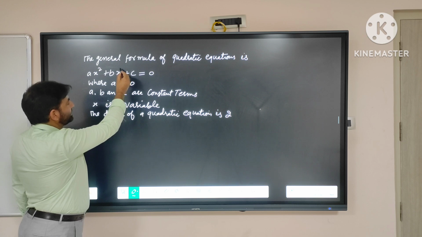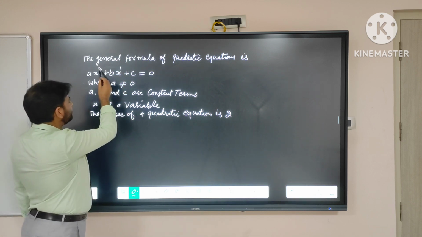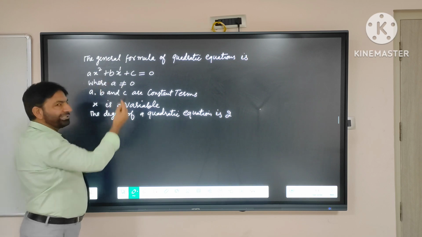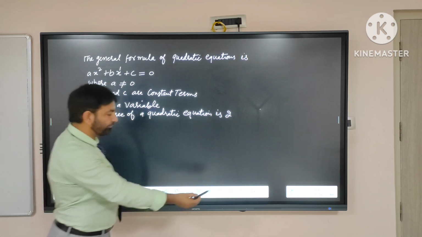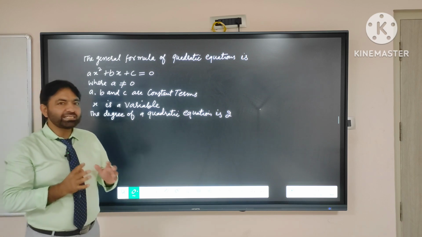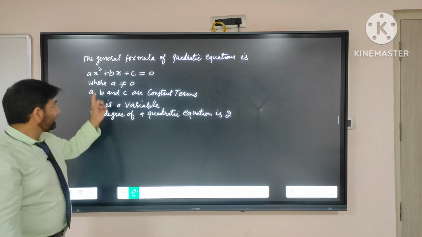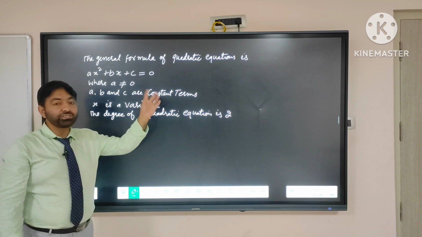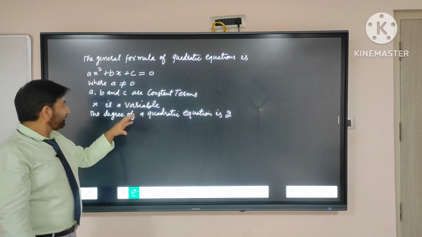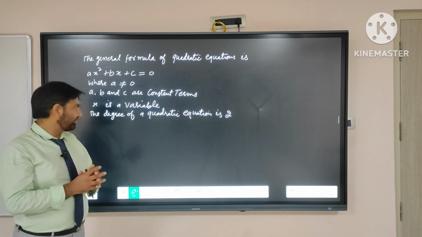Its exponential power is 1, but we don't write it. Here the power of the variable is 2. So the maximum power of the variable is called the degree. The degree of a quadratic equation is 2. If the degree is less than 2, that is not a quadratic equation.